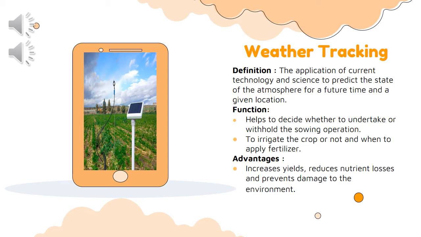Timing of fertilizer has a significant effect on crop yields. Proper timing of fertilizer application increases the yields, reduces nutrient losses, and prevents damage to the environment. Wrong timing and not predicting the weather may result in waste of fertilizer and even damage to the crop.